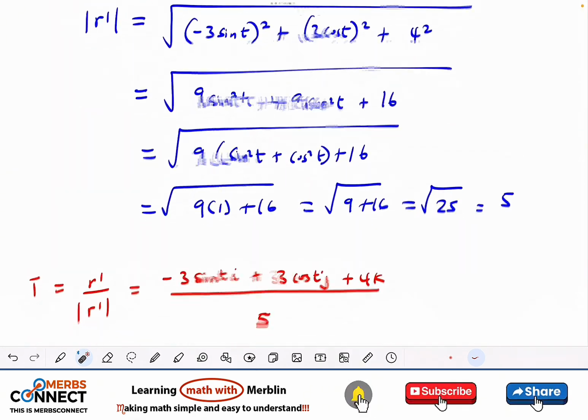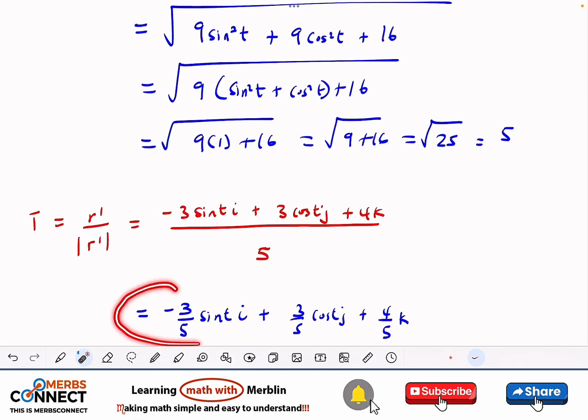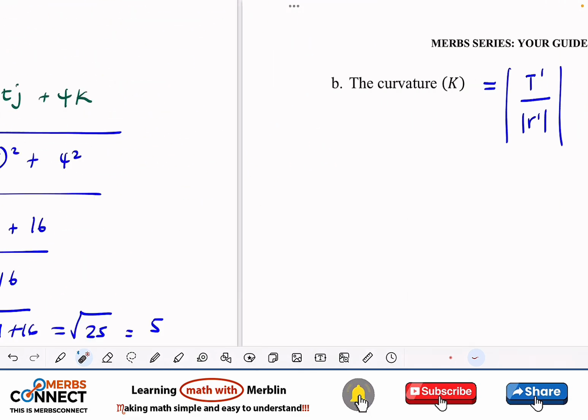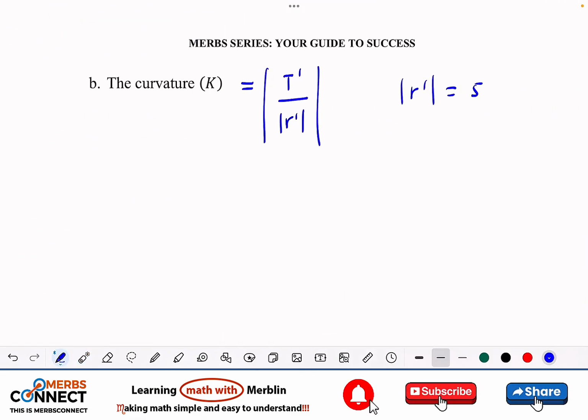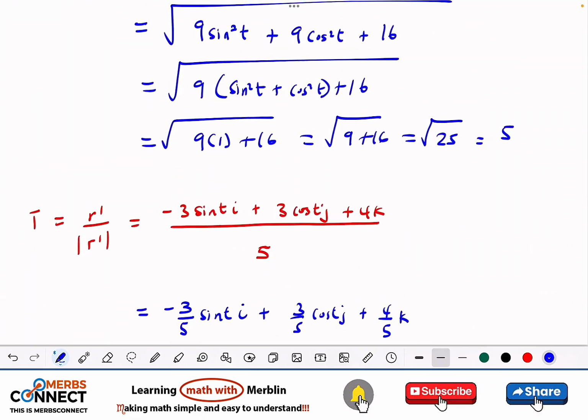From this question, we had t to be equal to this. So I'm going to write this one, and then we differentiate it. So t is equal to minus 3 divided by 5 sine t i plus 3 divided by 5 cos t j plus 4 over 5 k. So I think that's what we had.